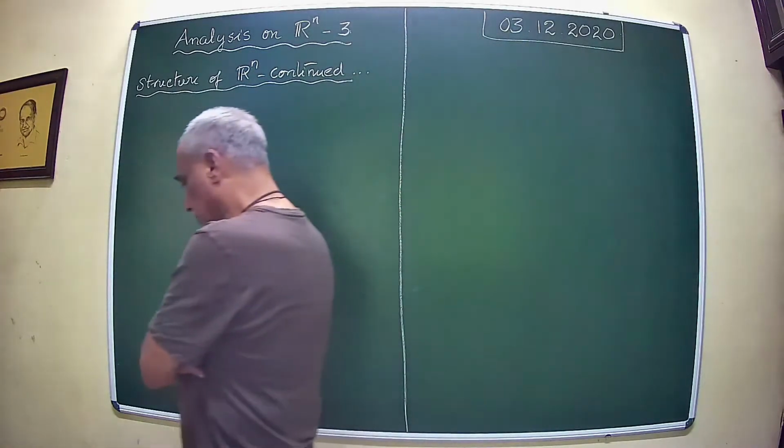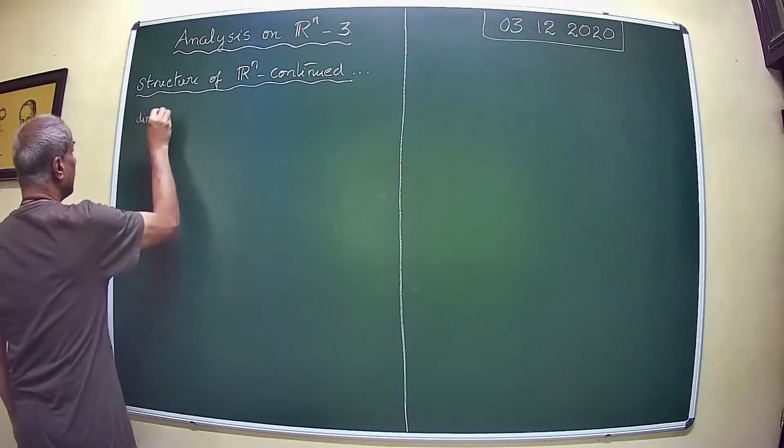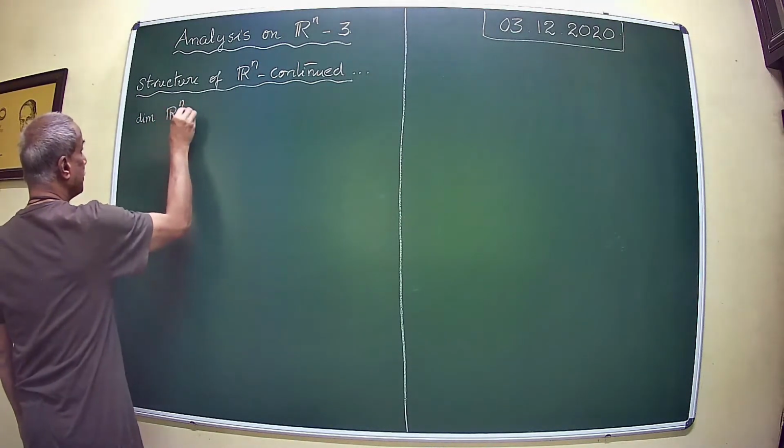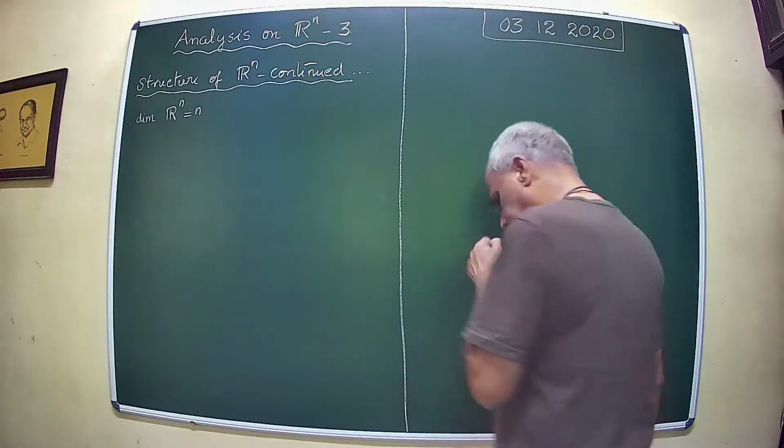What we did was this: dimension of Rn equal to n. This we proved. Just recall how we proved it.